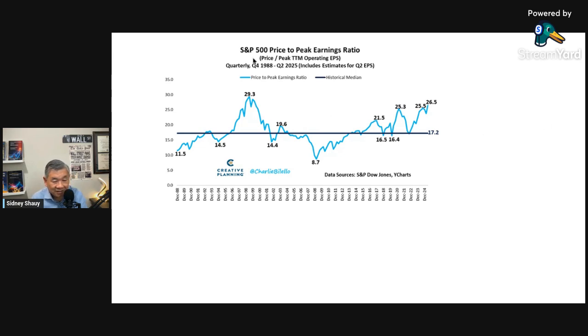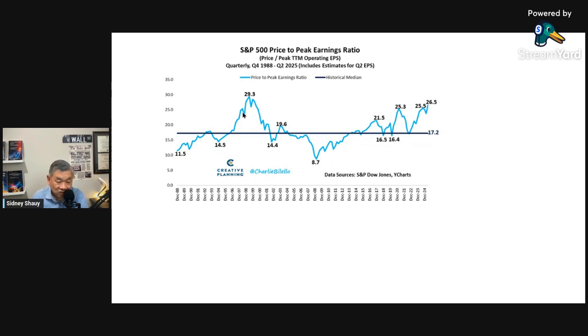But here is the S&P 500 price to peak earnings ratio, using the peak TTM operating EPS, earnings per share. TTM is trailing 12 months. As you can see, it's going high, right?